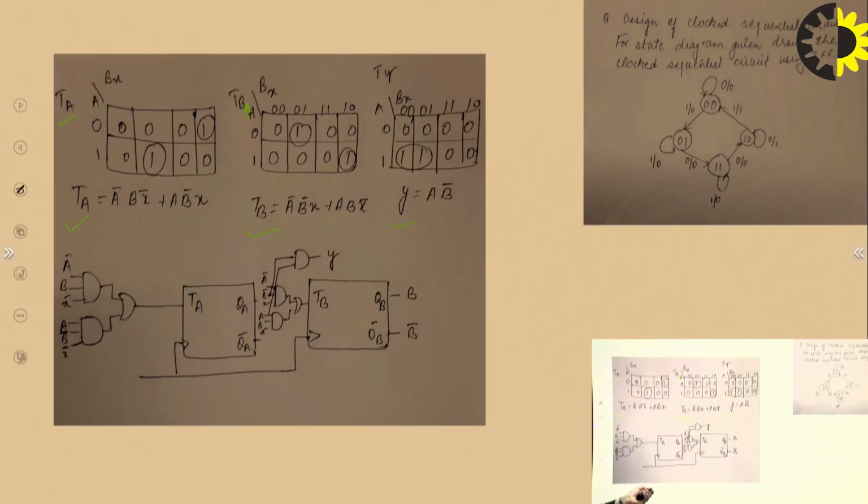So I have created the K map for all these 3 and realized the expressions. You can directly realize the expressions as well, but I told you already that if you make the K map, your answer will look quite good, and you should prefer making K maps in these design part questions.